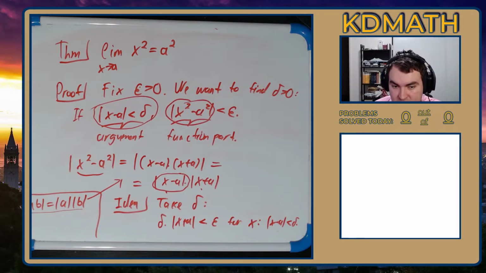So if x is very close to a, we want to find such a delta that it would be possible for delta times the absolute value of x plus a to be less than epsilon.